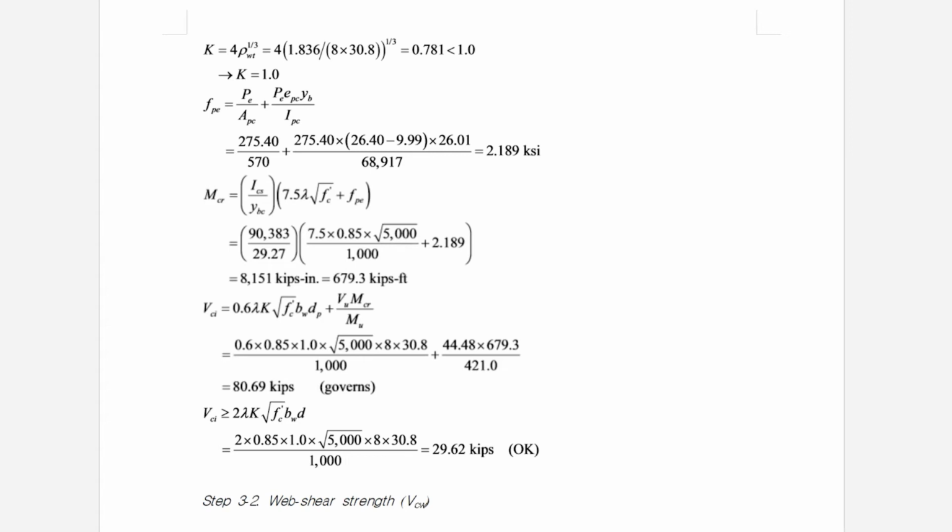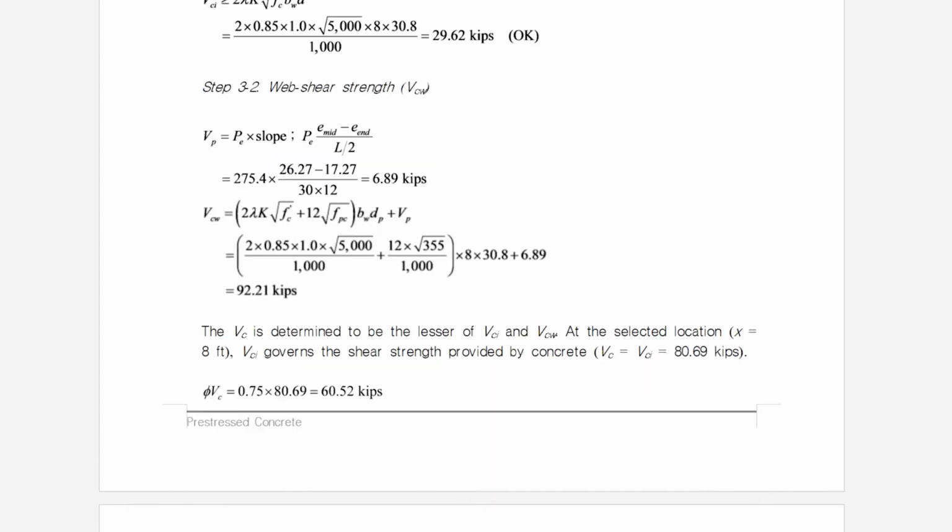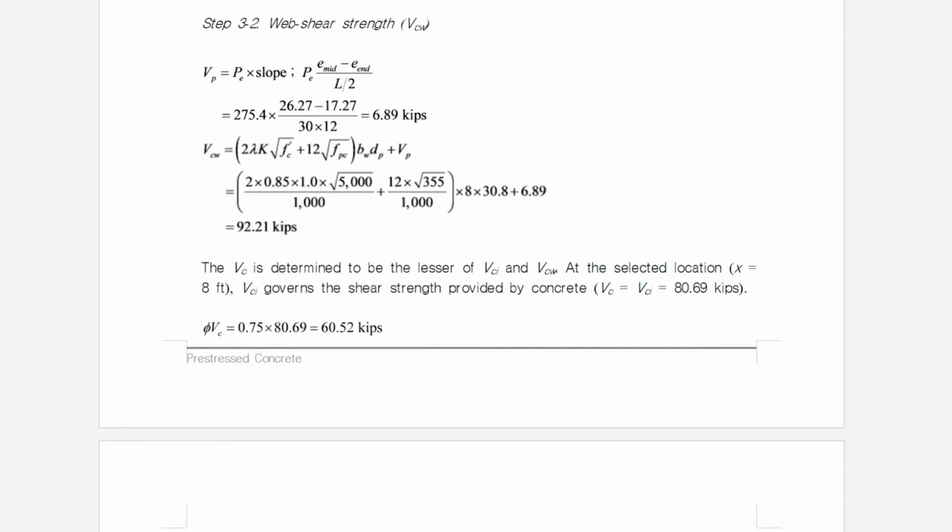VCI is already calculated at that section. Pretty simple. Okay, so 80.69 kips. Lower bound is checked. Okay, VCI is already calculated. How about the VCW? Well, VP is the vertical component of the post-tensioning forces.